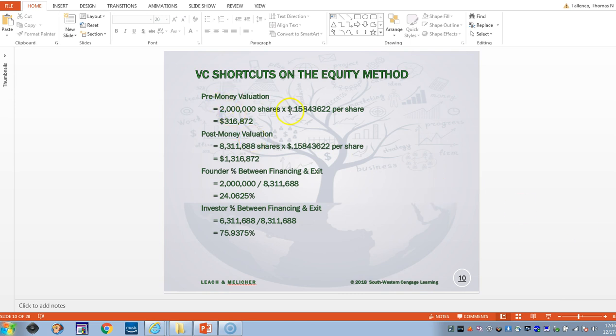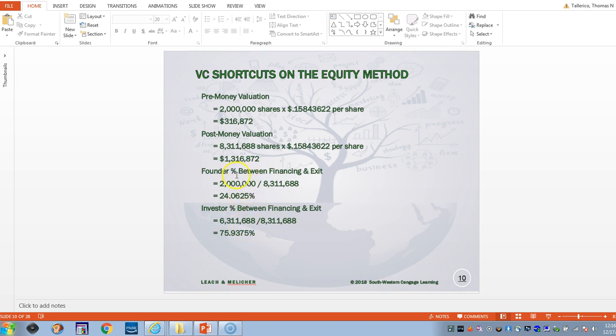So here's the calculation they do with the numbers we have to get the pre-money valuation, which was 316. You'll notice here they added an extra. Here's the 1 million with the new money that's been ingested into the company. And here is the return between the financing and the exit.